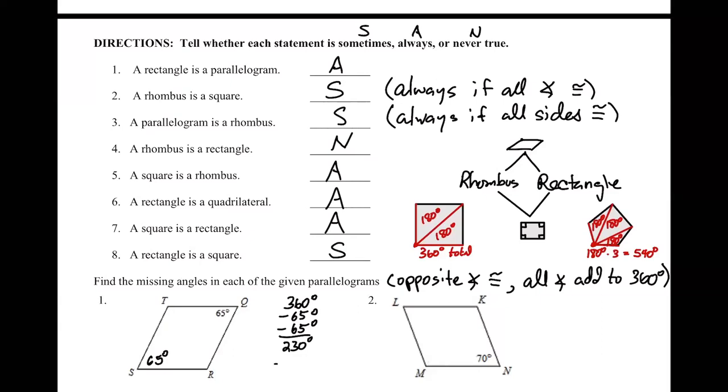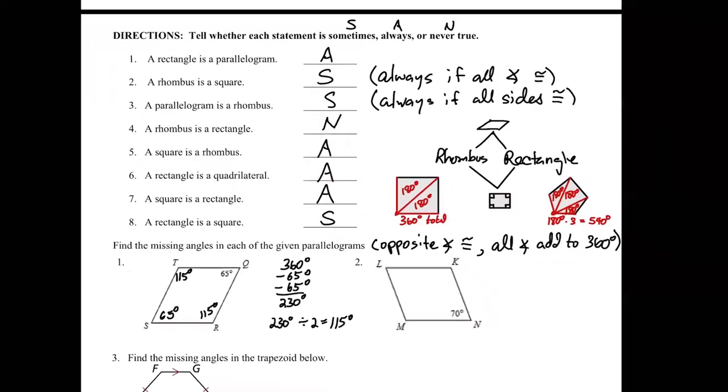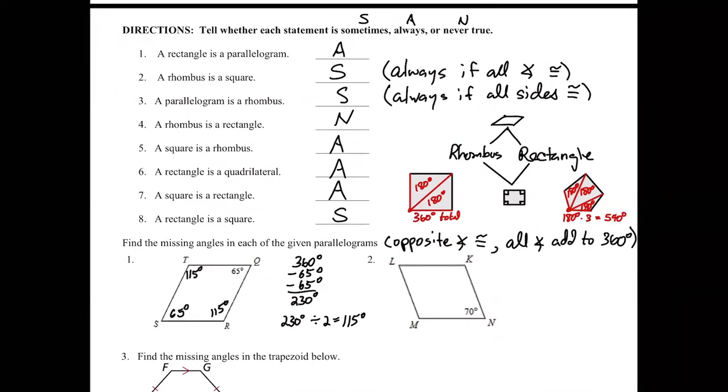So I would just do a quick 230 divided by 2, and that's going to be 115 degrees. So each one is 115 degrees. So pretty straightforward, well, procedurally anyway.